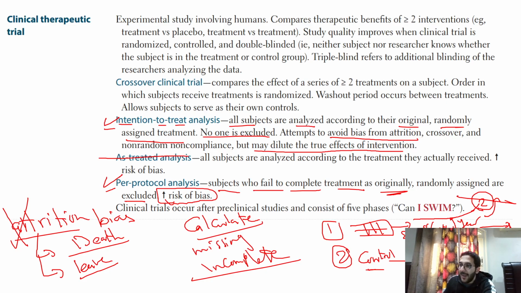So when they leave, this means you have incomplete data, and this can actually hide some of the bad effects of the drug, because instead of seeing how my drug works overall, I'm only seeing the five complete data, which may not show the side effects.